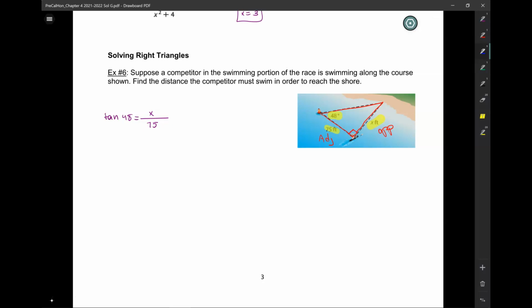Now all I need to do is solve it, and I rely on my algebra knowledge to solve that. Multiply both sides by what? 75. Okay, so go ahead and take out your calculators. X here is 75 tangent of 48.